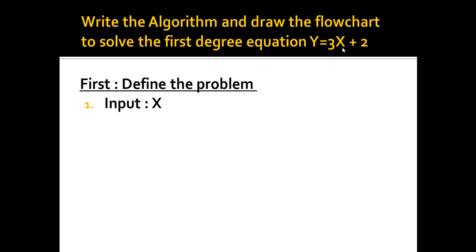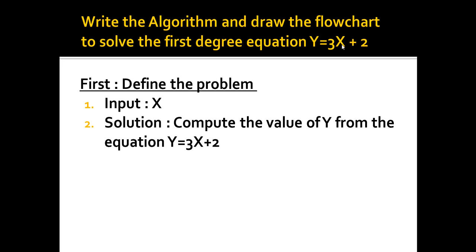So my input will be x, and after having the value of x, we can calculate y. The equation, or the process, will be performing the equation itself. Finally, the output will be calculating the value of y itself.